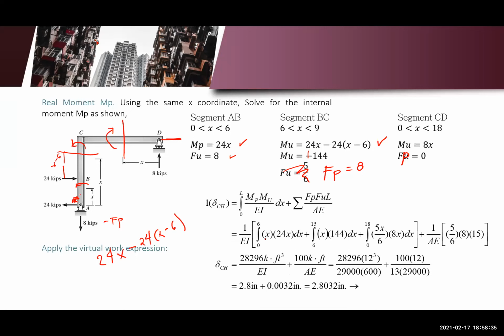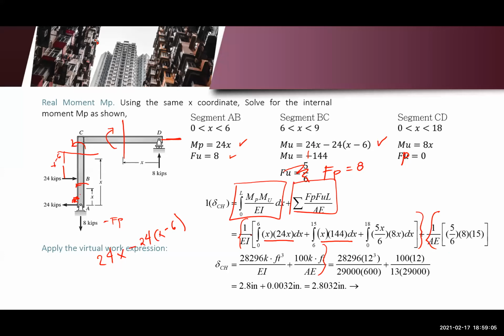0 to 6. Ito. Segment AB, segment BC, and segment CD. Now, ito yung, do not combine, no? Dapat separate sila. So, ito yung una, ito yung sa bending. Itong pangalawa naman, tatlo din yan. Ito yung sa axial deformation. Bakit hindi ko combine?